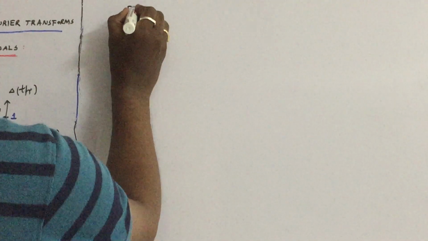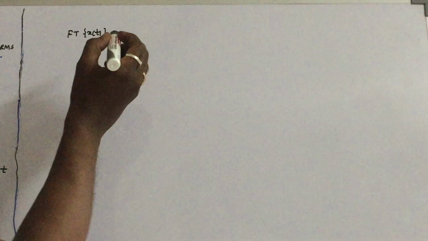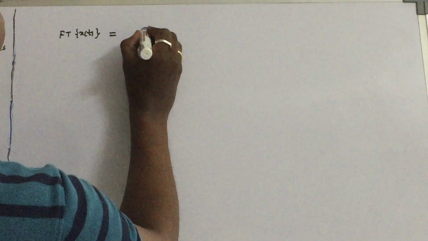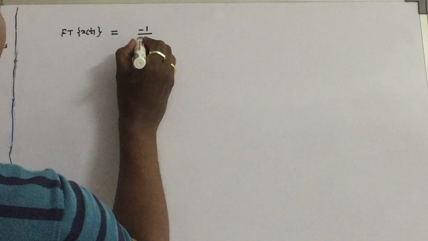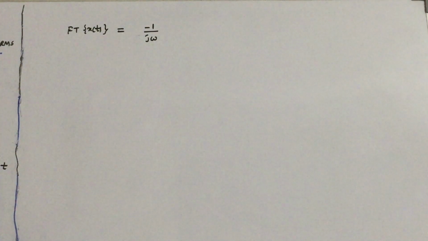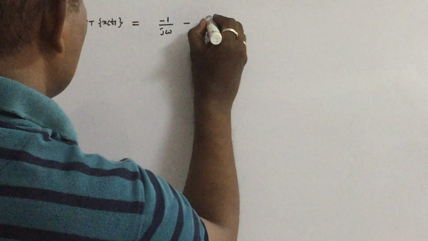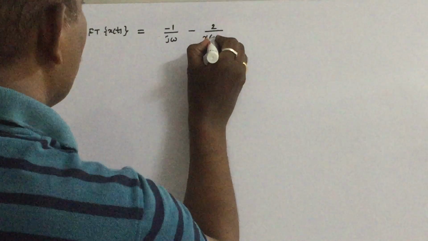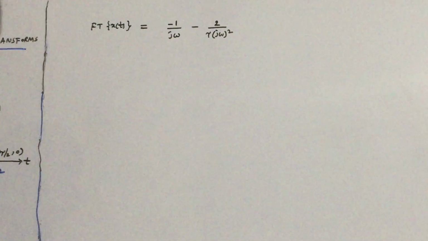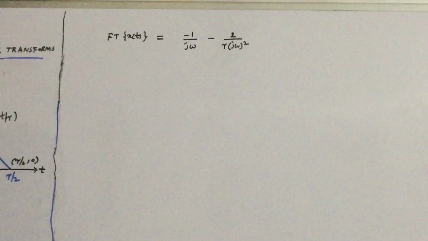The Fourier transform of x of t, del of t by tau. If you substitute the upper limit, in place of t, the first term will come out as minus 1 by j omega, and the second term will come out as minus 2 by tau j omega whole square. If you substitute minus tau by 2, the first term will come out as 0.